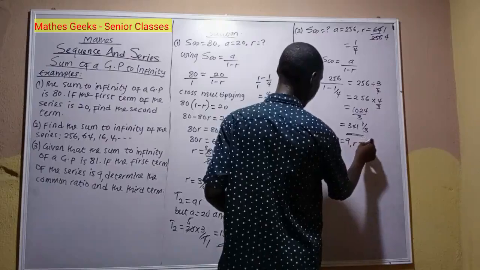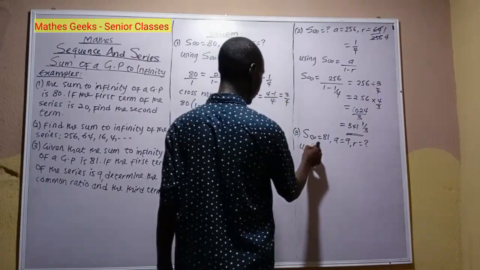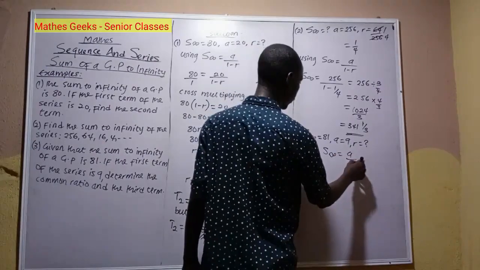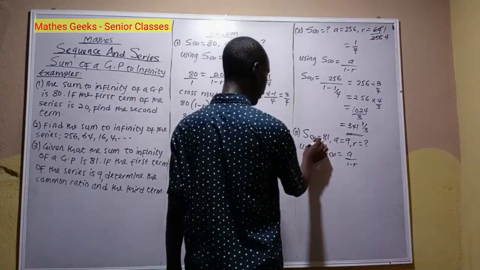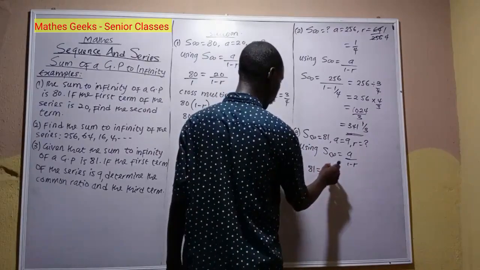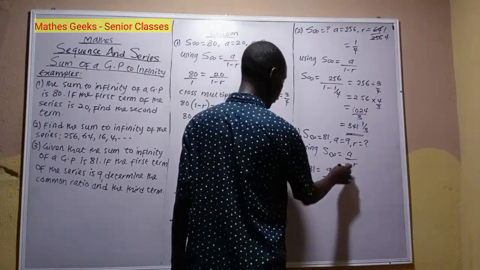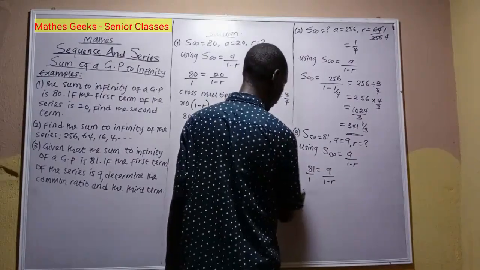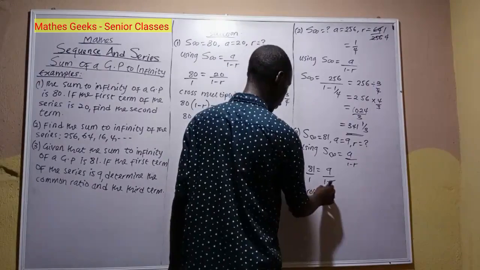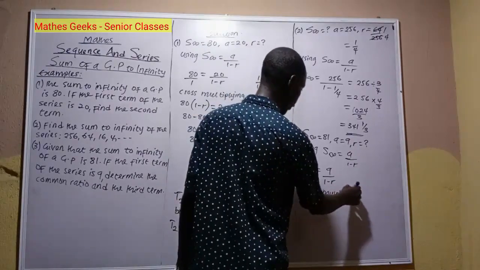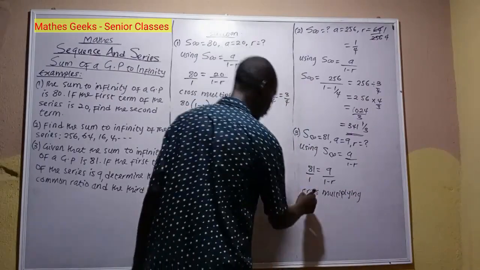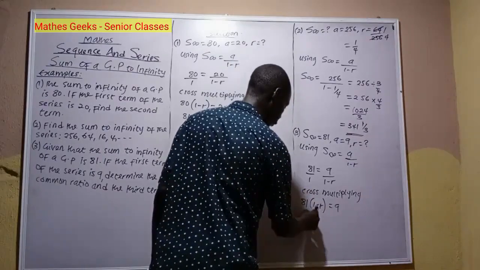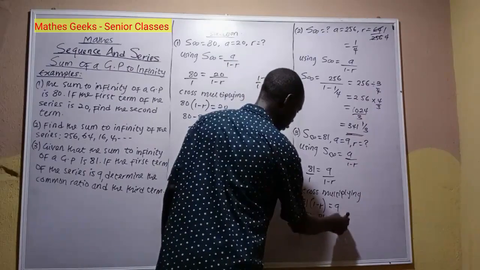So using S infinity equals A over 1 minus R, the sum to infinity is 81 is equal to the first term, 9, over 1 minus R. So cross multiplying, 81 times 1 minus R equal to 9.